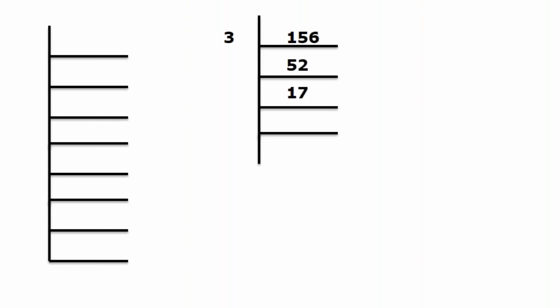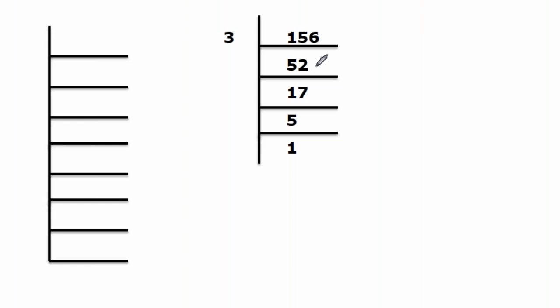So 3 power in 156 factorial: 3 52s are 156 exactly. Again 3 17s are 51, 1 is the remainder. Ignore the remainder. 3 5s are 15, 2 is the remainder.